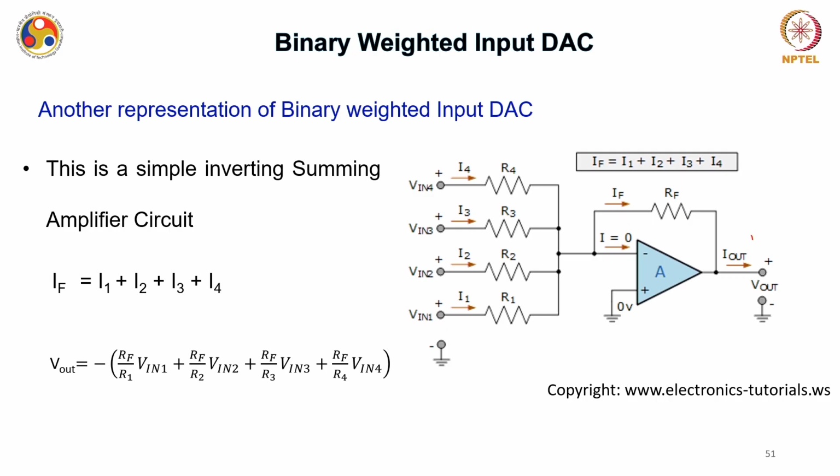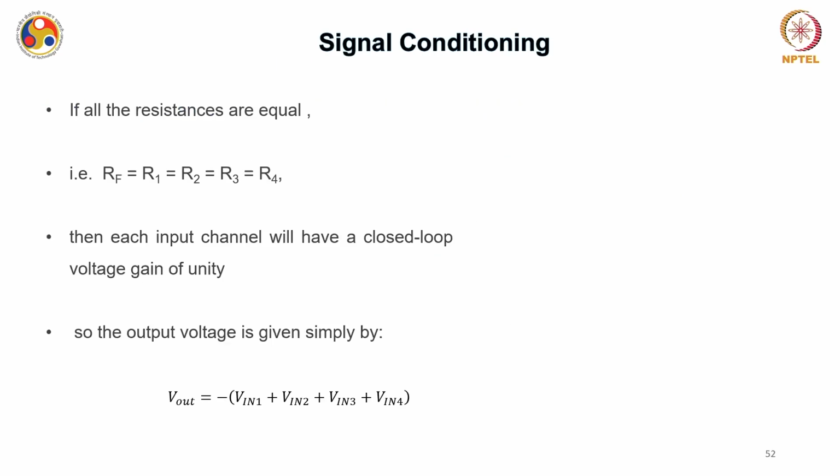Another representation of binary weighted input DAC is in this form. You can see that this is a simple inverting summing amplifier, and if I want to calculate this, IF is equal to I1 plus I2 plus I3 plus I4. Or in terms of voltage, V out is equal to minus Rf by R1 into V in 1 plus Rf by R2 into V in 2 plus Rf by R3 into V in 3 plus Rf by R4 into V in 4.